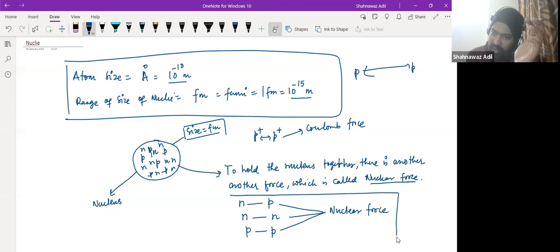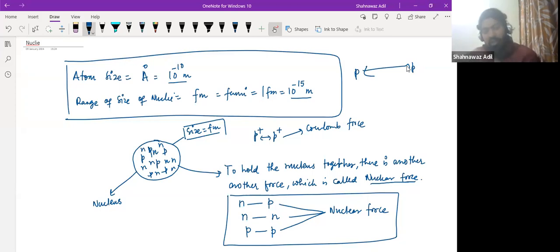But if you are not inside the nucleus, then why is this nuclear force not there between the proton and proton? Can you identify the reason, Aisha? What could be the reason that if these protons are not inside the nucleus, they don't experience this nuclear force?